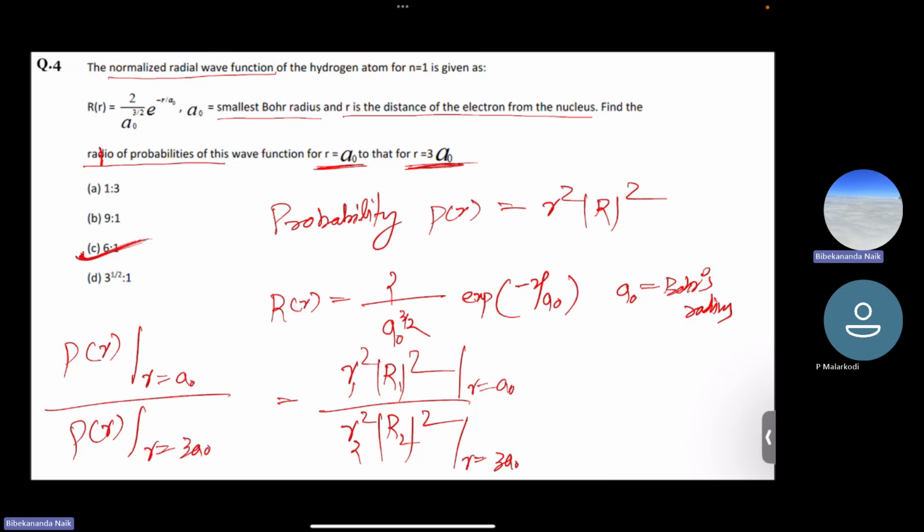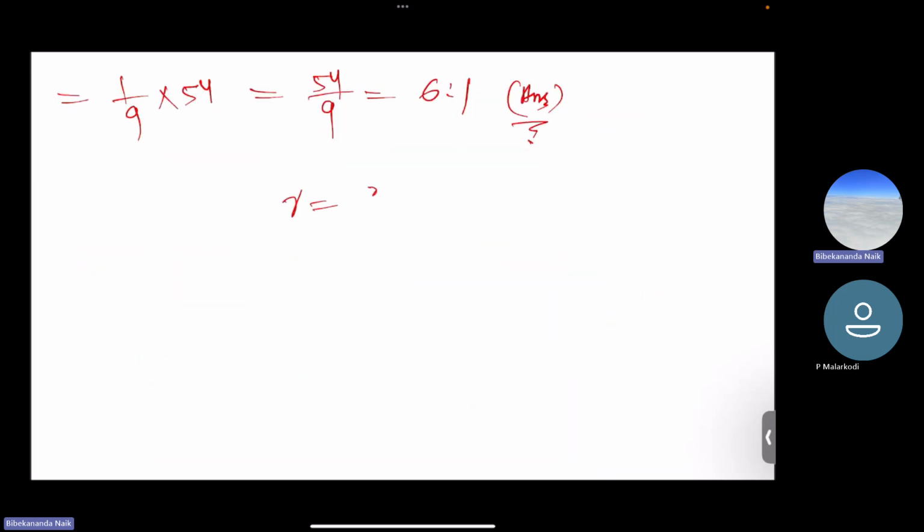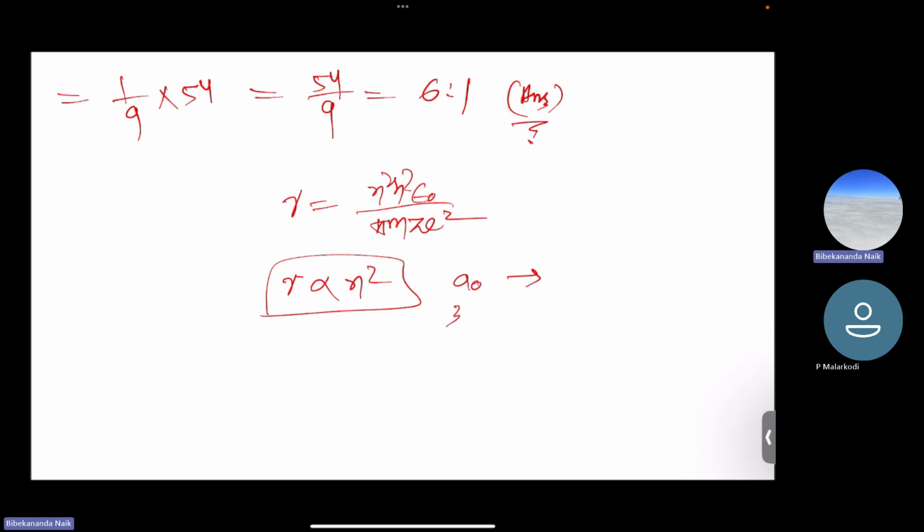So if you see in the Bohr model, for an electron which revolves around the nucleus at different energy levels, we had obtained that r is equal to n square h square epsilon 0 by pi m e square. So r was directly proportional to n square. So here if you see a0 and 3a0, it should be 1 is to 9.